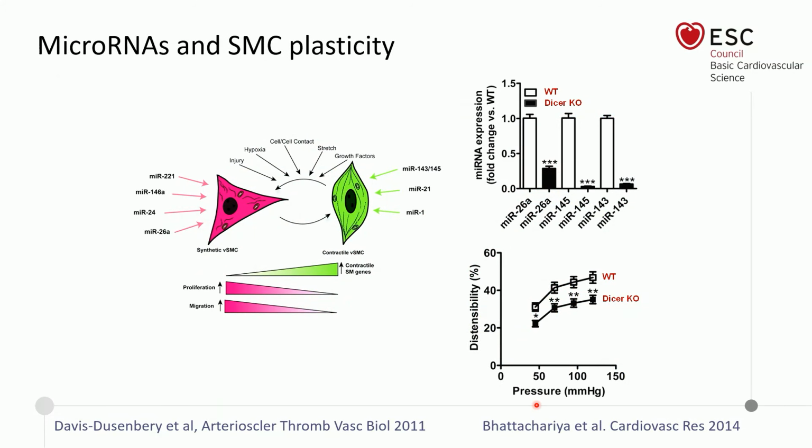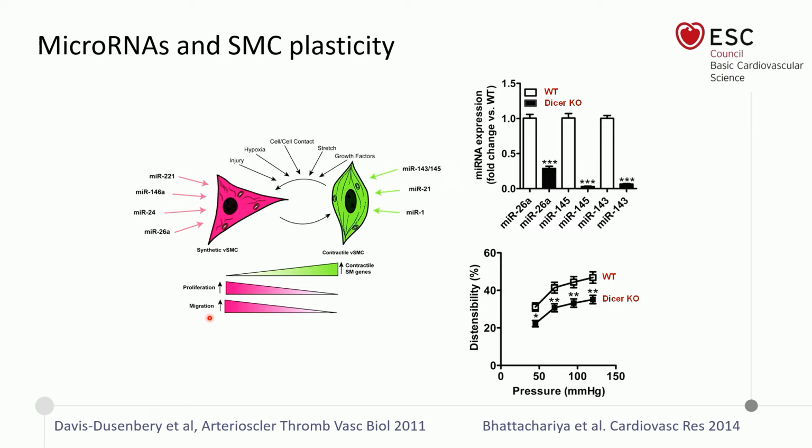Concerning microRNA, there are different families of microRNA. Some of them are more characteristic of contractile smooth muscle genes, and others more characteristic of proliferation and migration. To go further in the mechanism of microRNA, this group invalidated the endonuclease Dicer, which is a main processing factor of microRNA.